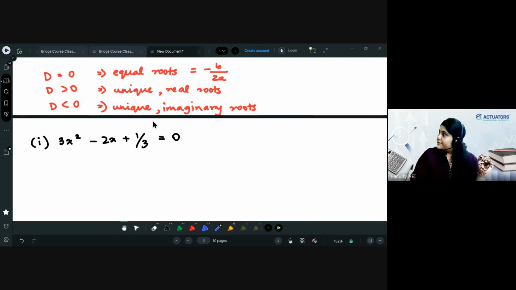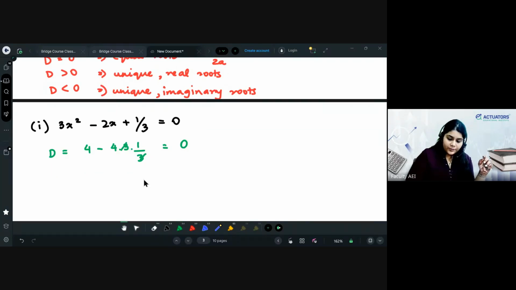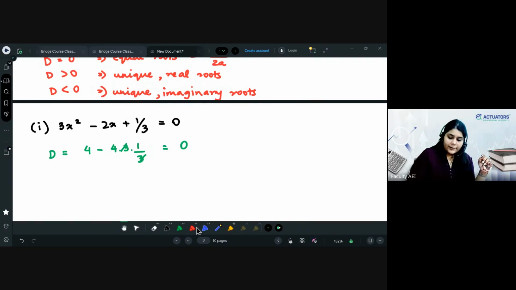Equal roots, right? So what is the discriminant? b square is minus 2 square minus 4 into a into c, which is equal to 0. Discriminant is 0 and roots क्या होंगे? Minus b by 2a.